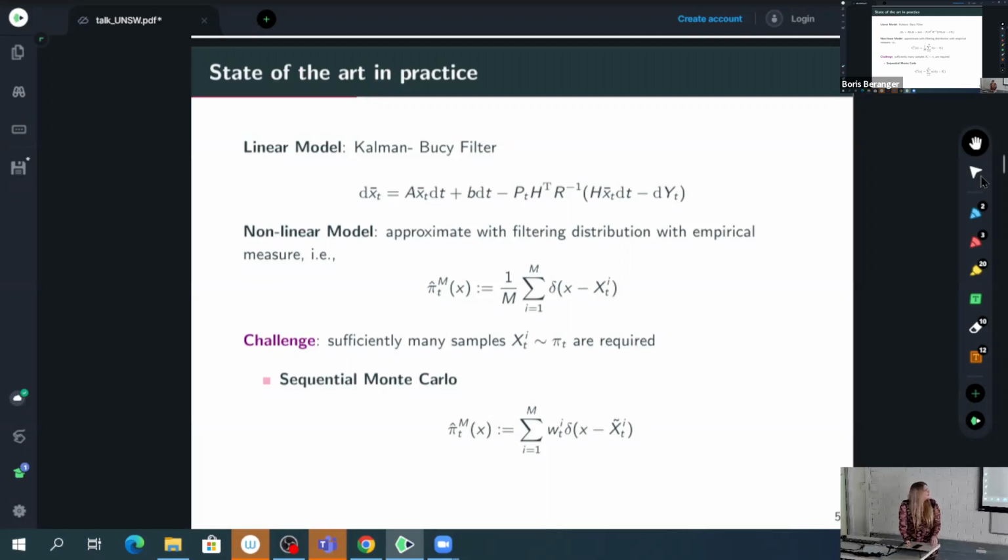And one way to circumvent this problem is, of course, to say, okay, let's just consider it empirically, which in theory is a good idea. So we just want to have samples of this filtering distribution. But of course, we need a lot of samples.